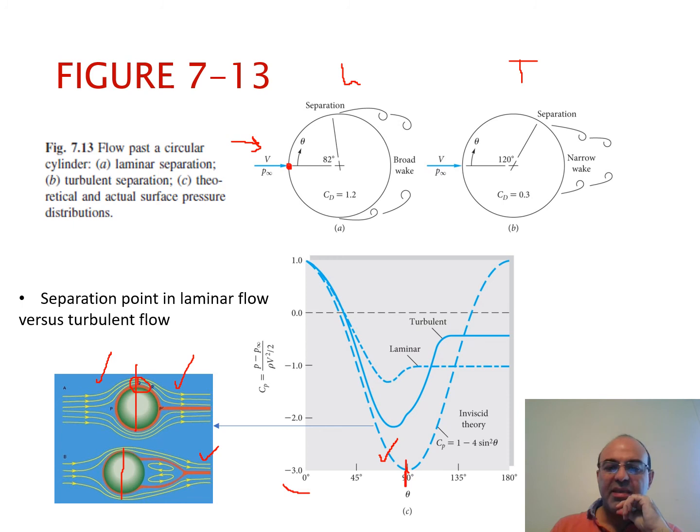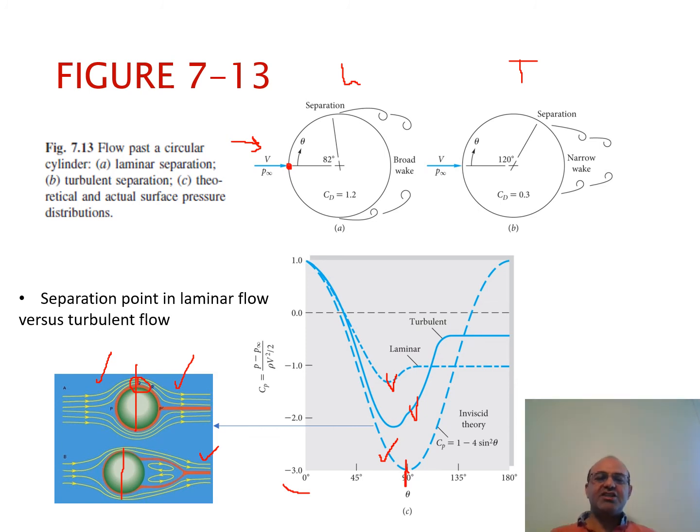However, for the actual case, you see that the Cp curves are different. First, we have it for a laminar flow and also for a turbulent flow. And we see that this minimum pressure occurs at different points. The shape of these curves is different.